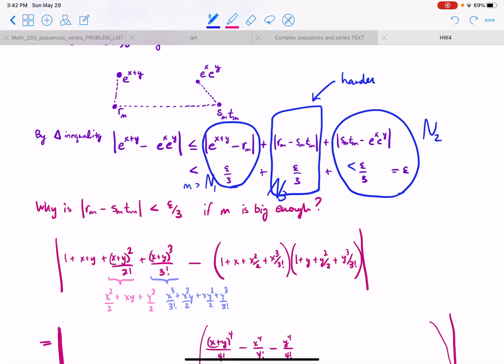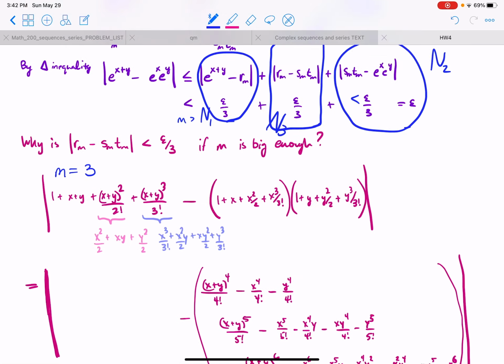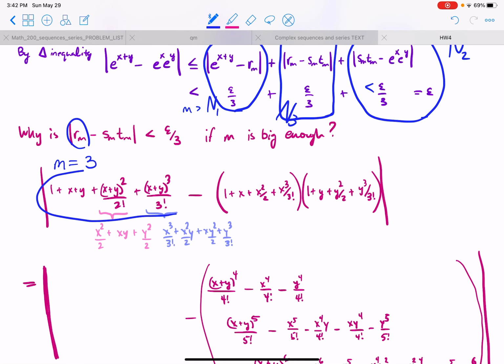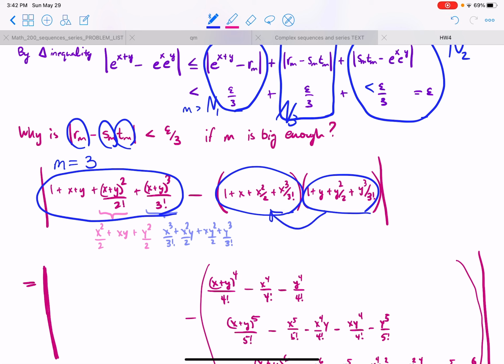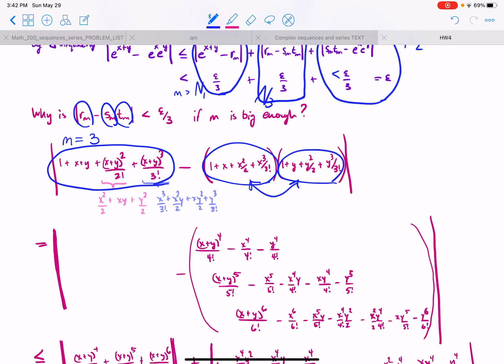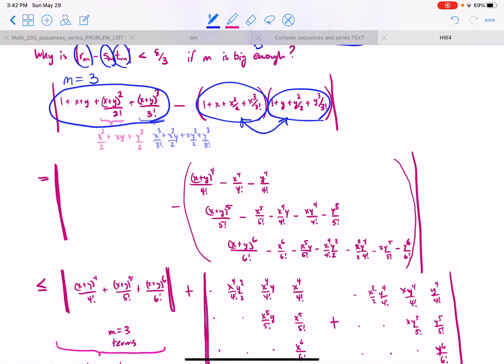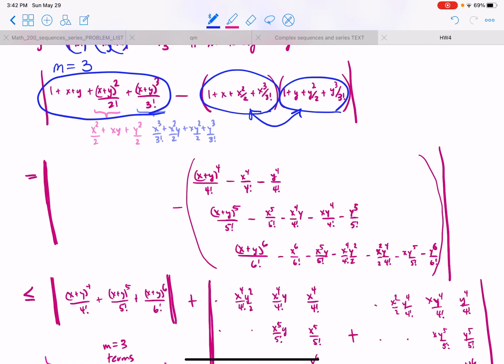Well, let's look at it in the case m equals 3 to figure out what is going on. R sub m then becomes this. S sub m becomes this. T sub m, this. Now we can cross multiply, which is what we did before, but with dot dot dots, which was not rigorous. That's a word that means it wasn't correct.